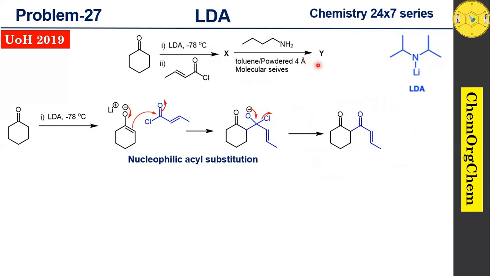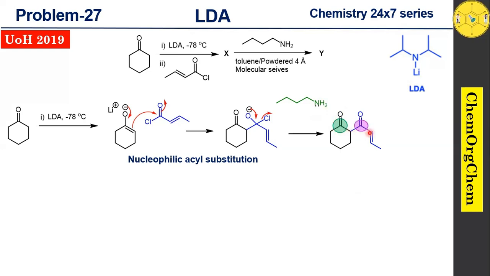So what is the next step? The next step is the reaction of n-butylamine with this substrate. Before that, look closely at this substrate. There are 2 carbonyl groups present in this particular substrate. We know that the amine is nucleophilic here, so we should find which carbonyl will react with this nucleophilic nitrogen.